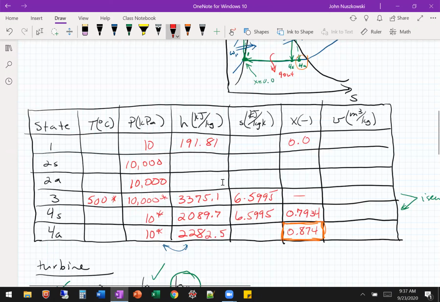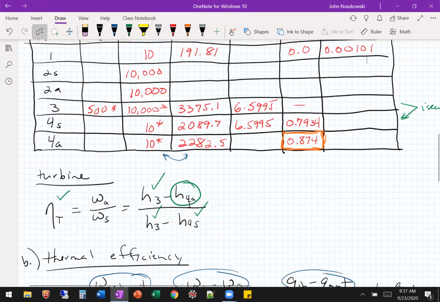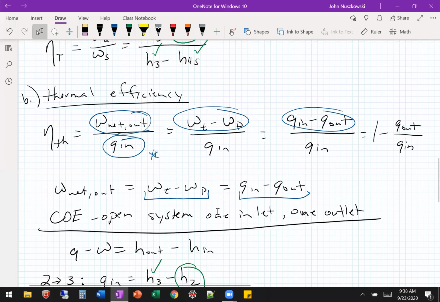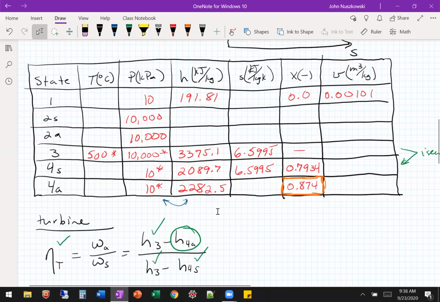We get our specific volume for state 1. So now we have that, and we can get H2 actual, which is 203.68.